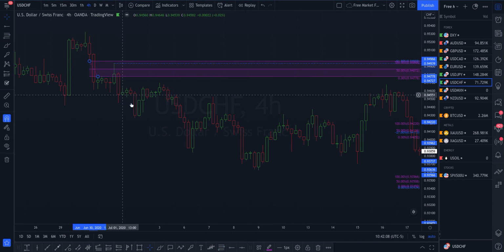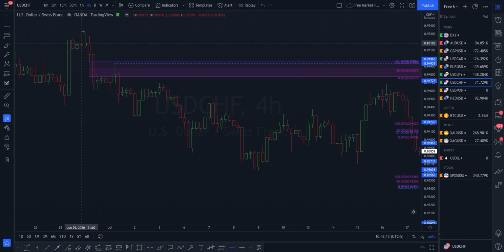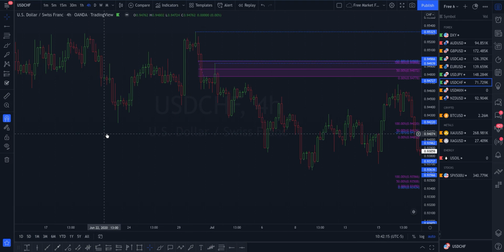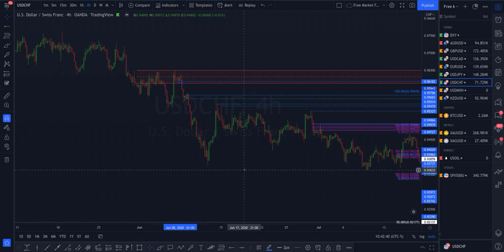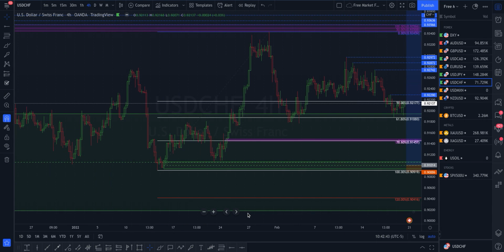So possibly at this gap fill, partial. Where are we at? Still not at 100%. Partial, gap fill, partial. Partial at that high. 100% is there, but we do have this gap fill that we can take partials at. So that's USD Swiss.